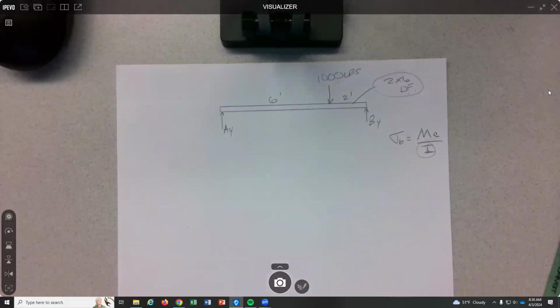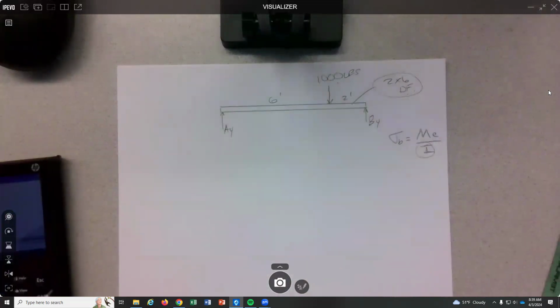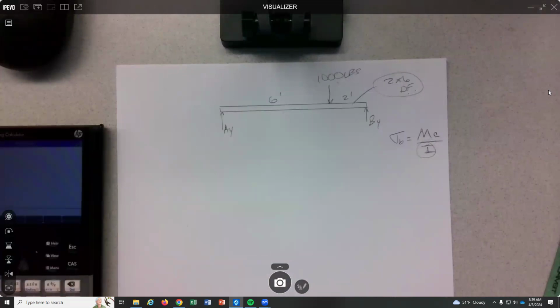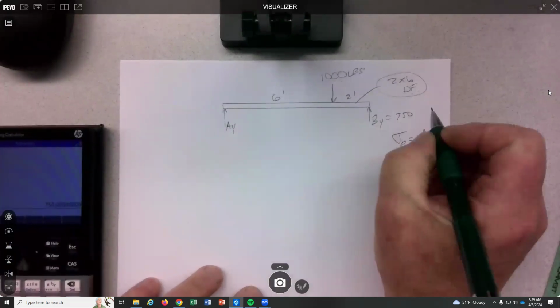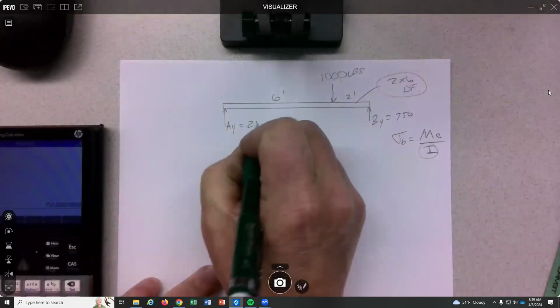We're gonna neglect the weight of the beam because we have 1,000 pounds compared to a 2x6 weight, which is probably 6 pounds. If I get 750 here, that would be 250 here.